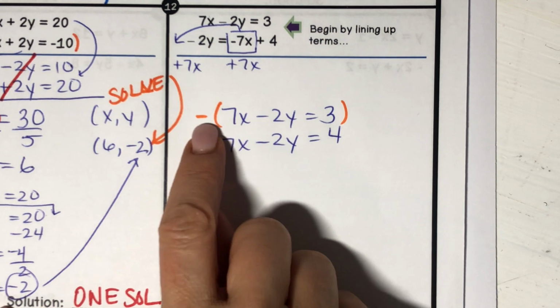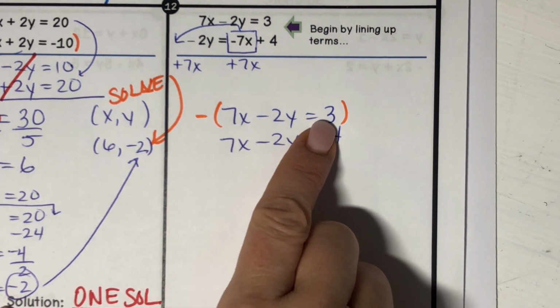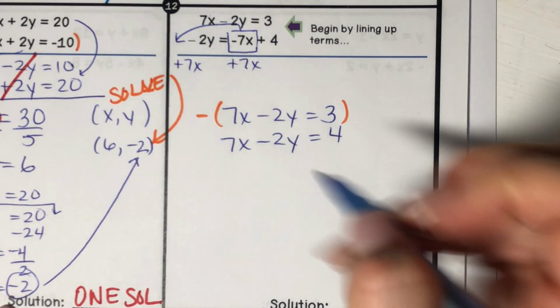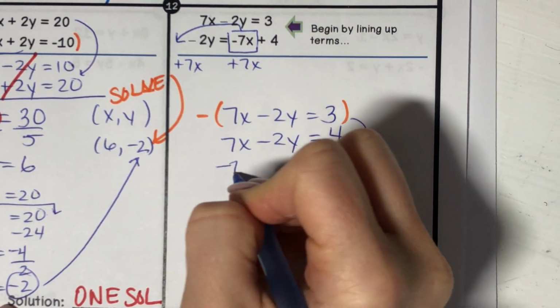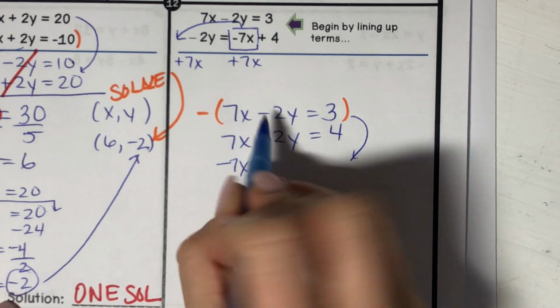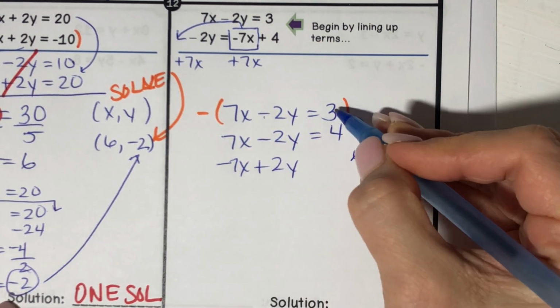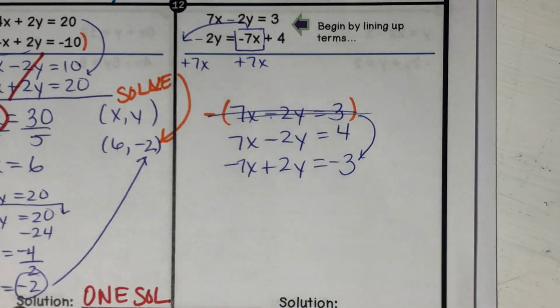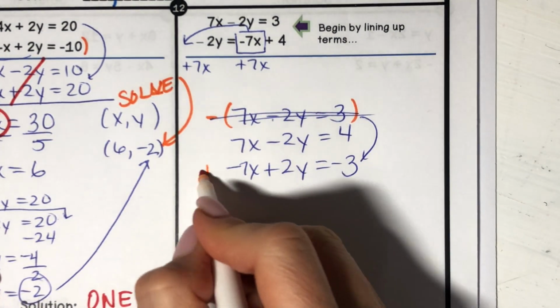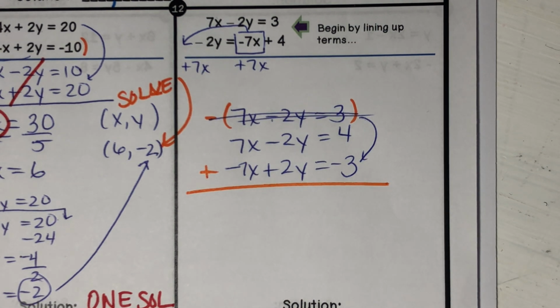Which is like a magic wand. It's going to change, change, change. It's going to change everything to the opposite. So below this equation, I'm going to write this new one. This is going to give me a -7x. This becomes a +2y. This 3 becomes a -3. I don't need this equation anymore. And now it's ready to go ahead and combine.